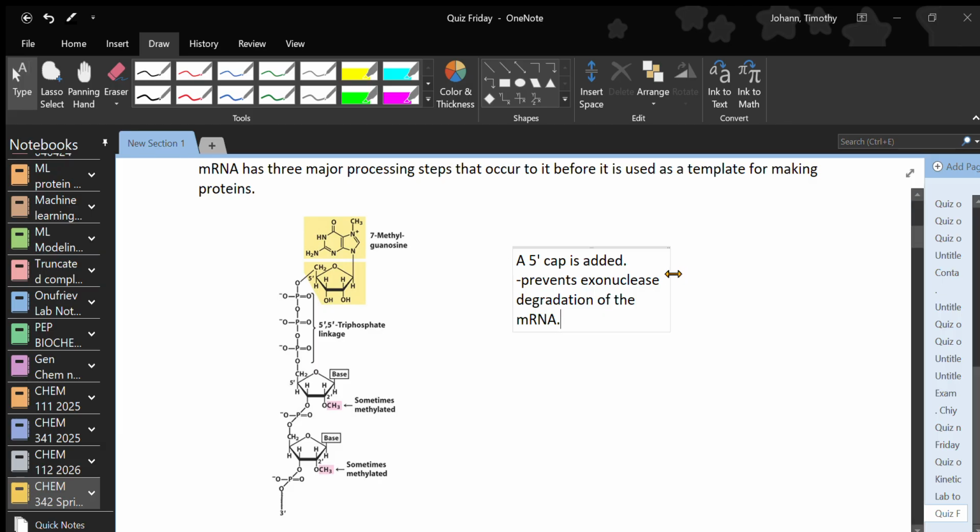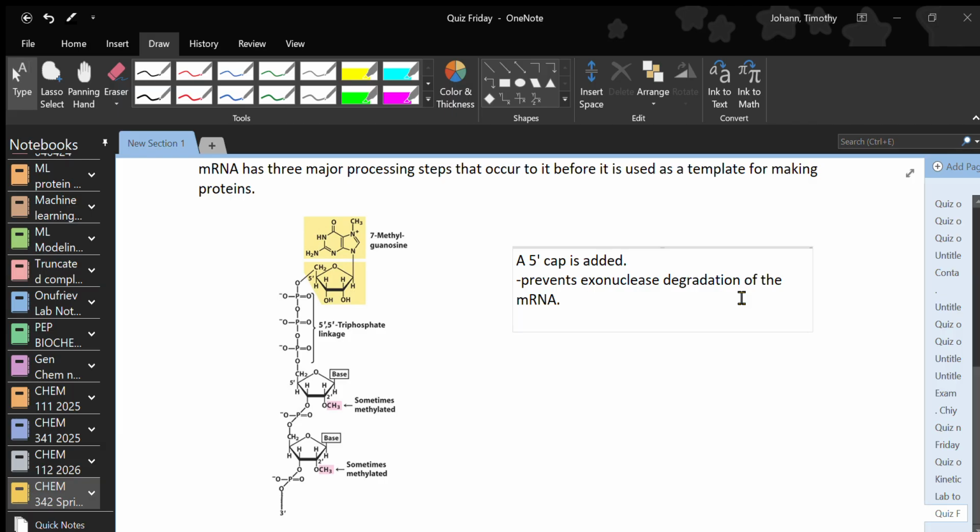So we don't want that to get chewed up. The mRNA is not going to permanently stay around in the cell like the DNA does, but you want it to stay around for a certain amount of time.